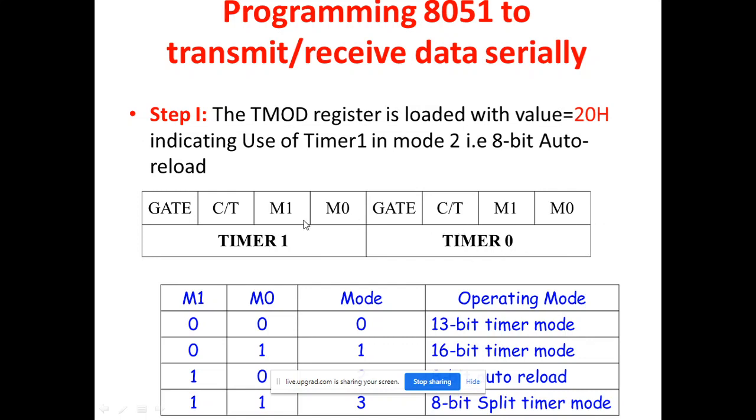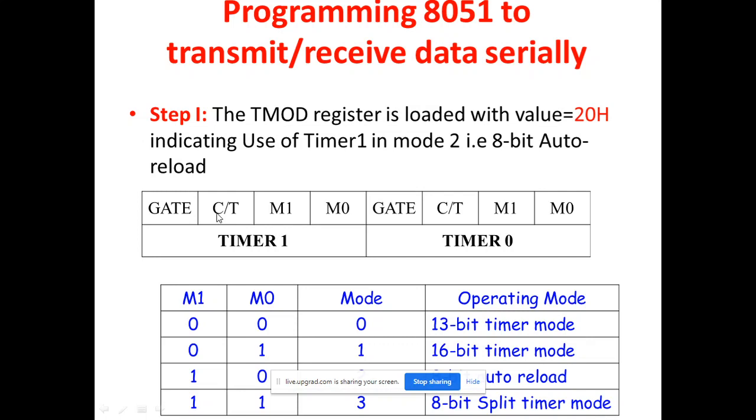Now we are focusing on timer 1. The last two bits, that is M0 and M1, decide the mode selection. We are interested in auto reload, that is mode number 2, and that's why I am placing here 1 0.